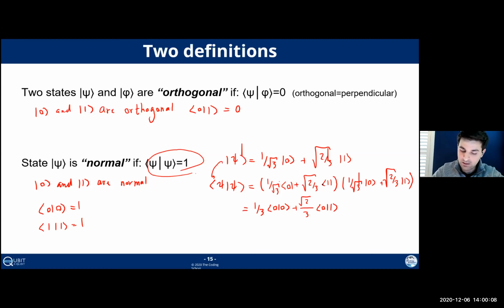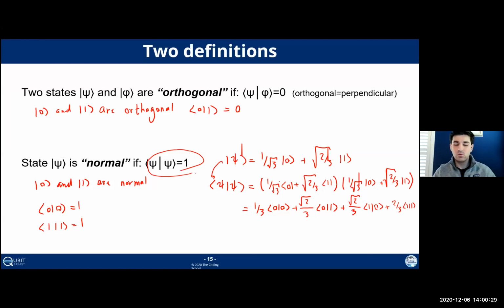And then the second element here times the first element there gives me, again, square root of 2 divided by 3, and this time it's 1, 0. And then finally, I do the second element, so I get 2/3, 1 overlap with 1.